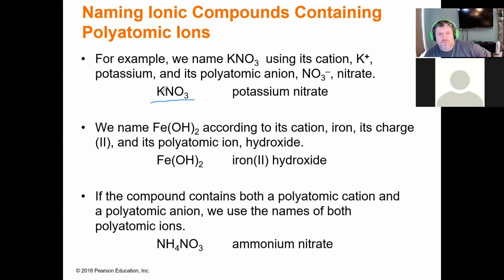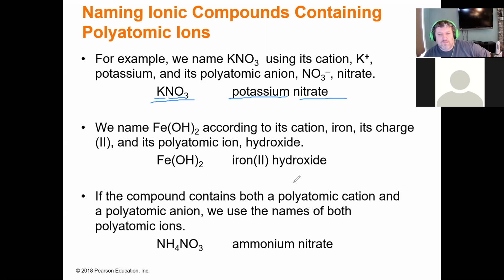So if you're trying to name this thing and it's not working, there are too many things, check your polyatomic ion list. The name for this is real straightforward. That's potassium, that's nitrate, potassium nitrate. I don't -ide it, I don't -ite it, I just keep it as is, -ate.